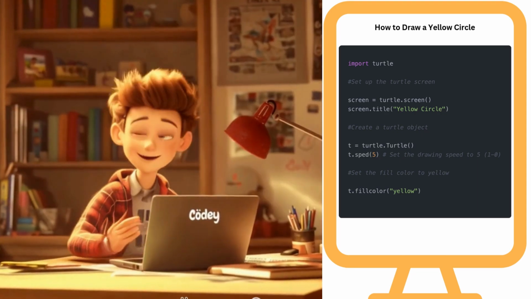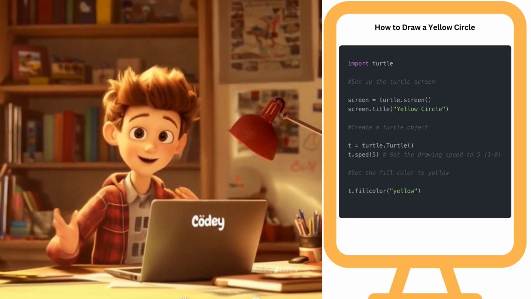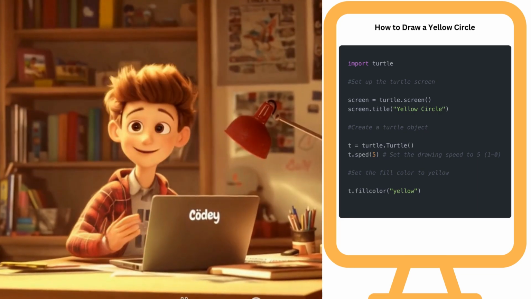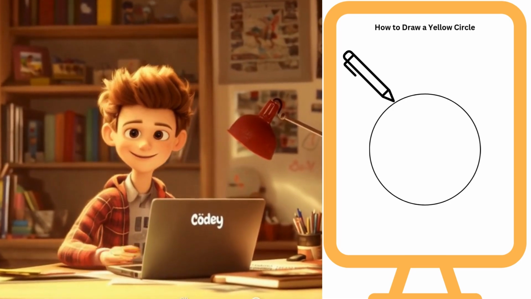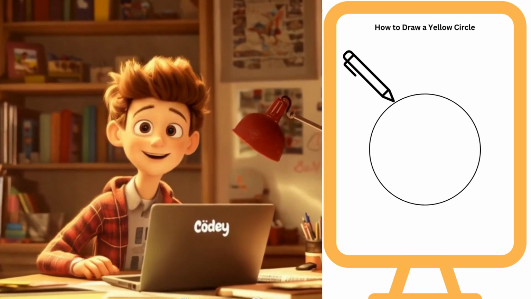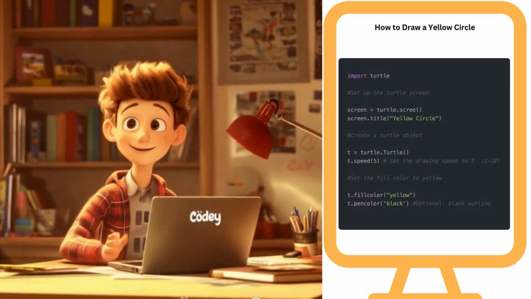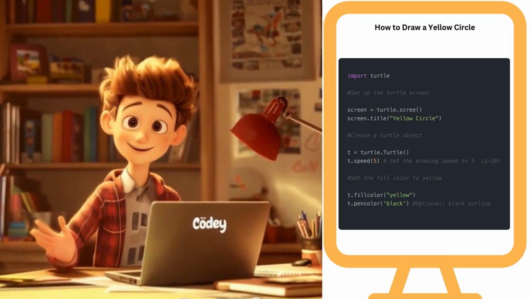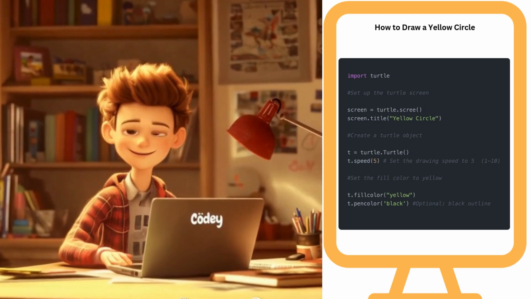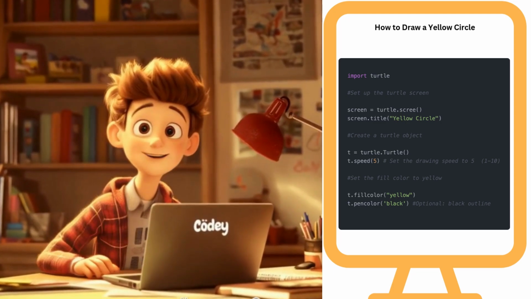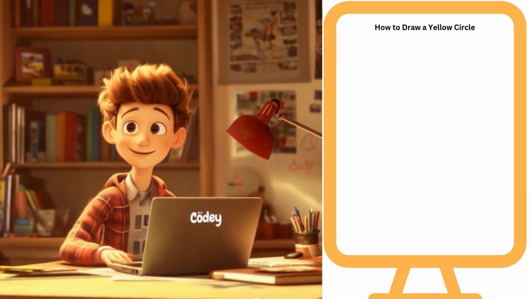That's what t.fillcolor("yellow") does. And we want the outside line to be black so it stands out nicely. That's the pencolor("black") part, like outlining your artwork with a marker. That's what t.pencolor("black") does.